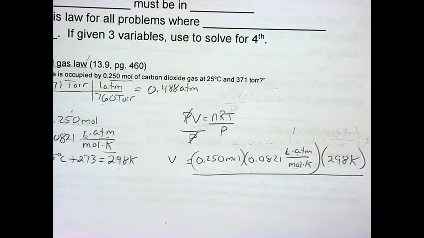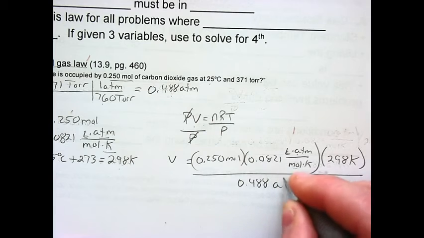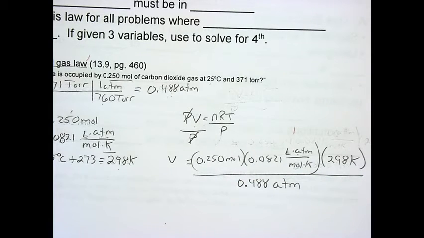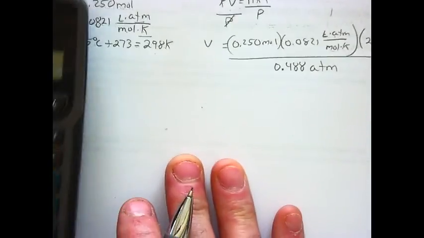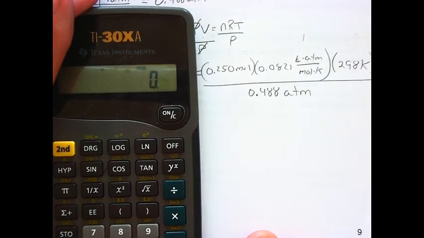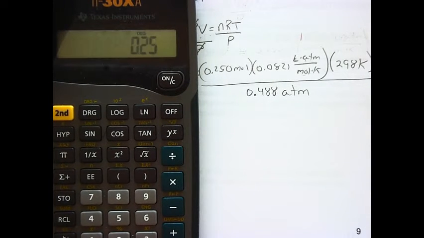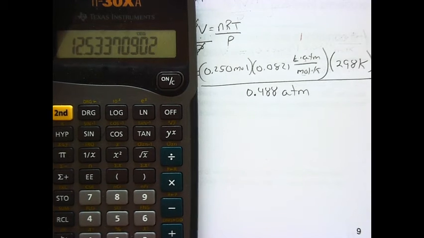All divided by P, the pressure, which once again is 0.488 atmospheres. Now, when I do my calculations using my calculator, if the number's on top, I multiply. If it's on the bottom, I divide. So, I go 0.250 times 0.0821 times 298 divided by 0.488 equals.